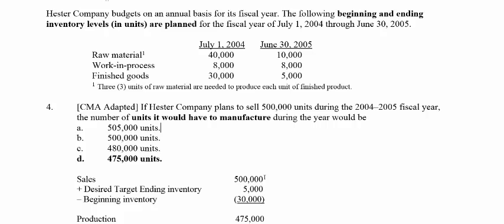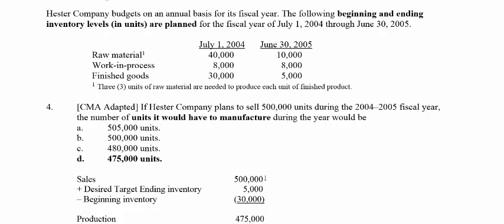We are about to calculate the production budget quantity of units. We are going to add the desired target ending inventory. Okay, we want to have 5,000 finished goods units at the end of the year, and we plan to sell 500,000.